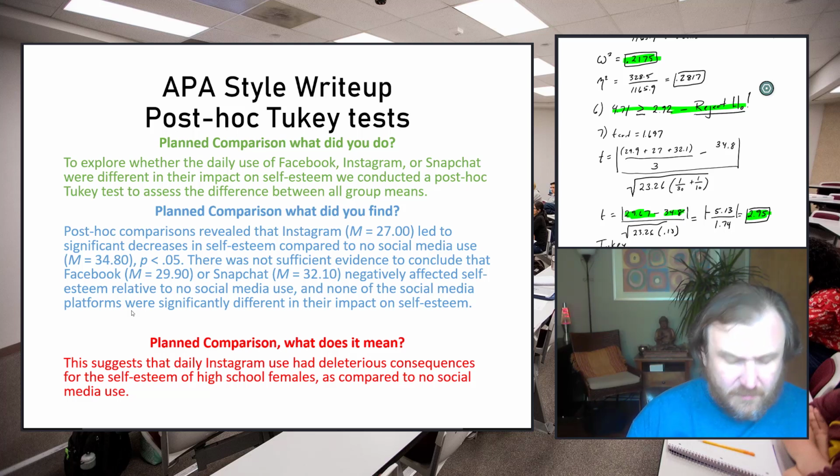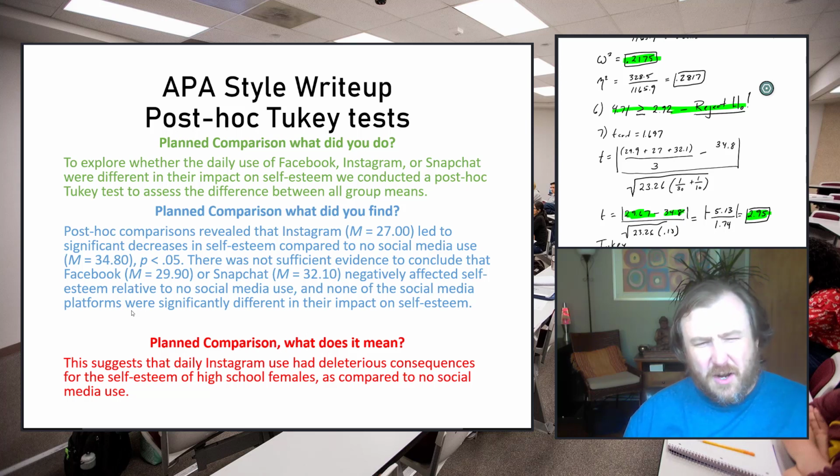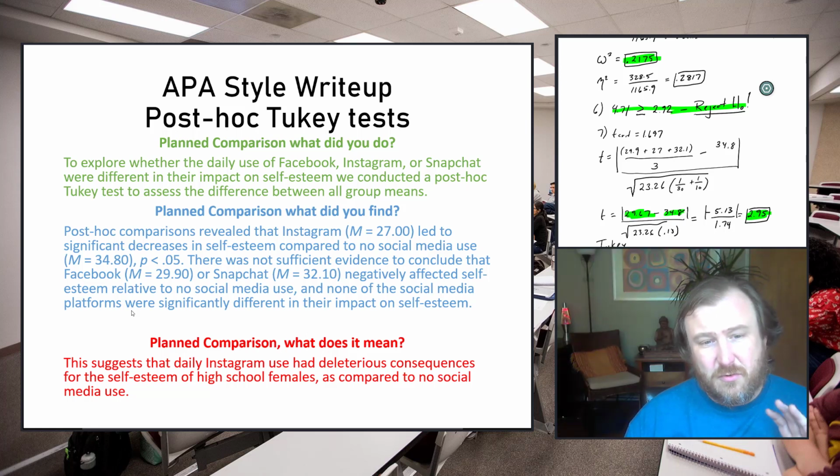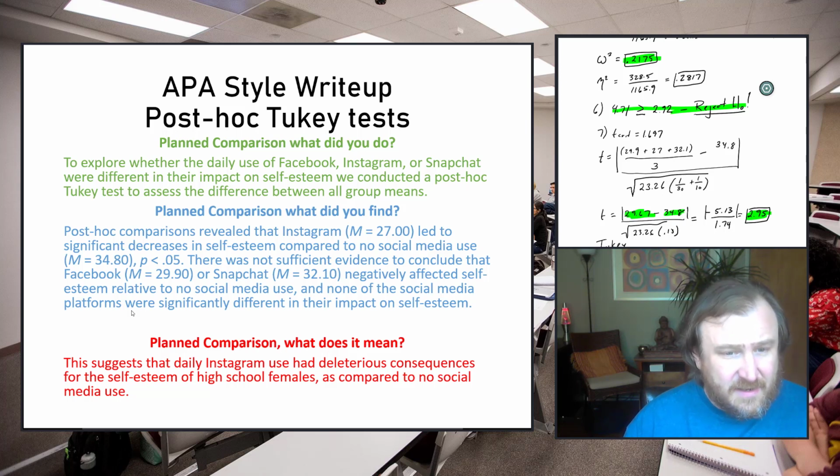Facebook was not different from Snapchat. Facebook was not different from no social media. Instagram was not different from Snapchat. You don't want to go through like a robot. You want to use your writing ability and your intellect to really think through what the results indicate and report that as specifically and concisely as possible.